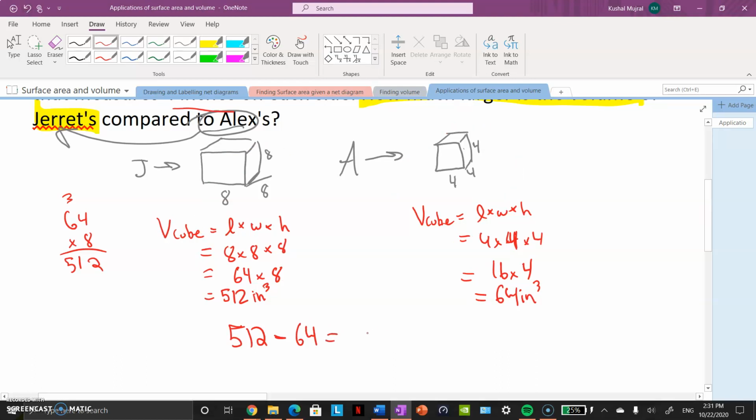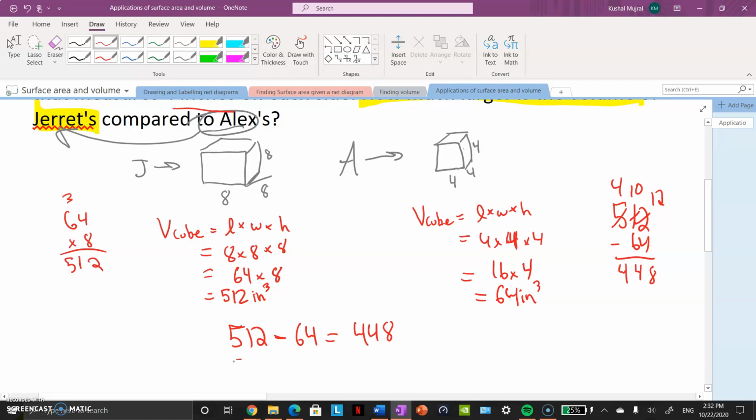And that is, take a subtraction here, 512 minus 64, and that equals 448.